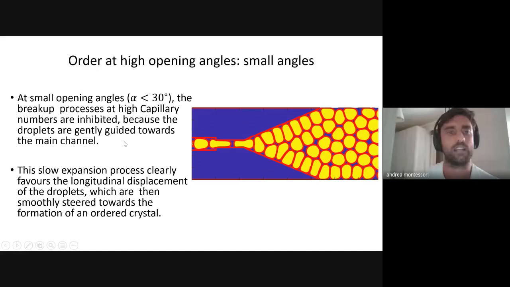This is because at small opening angles, the breakup processes are inhibited because the droplets are guided towards the main channel very gently. And so the slow expansion process favors the longitudinal displacement of the droplets, which are steered towards the formation of an ordered crystal in the main channel.